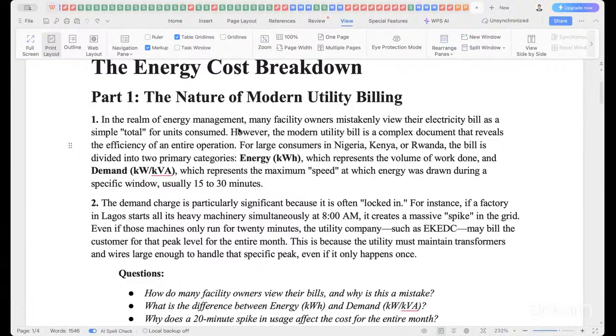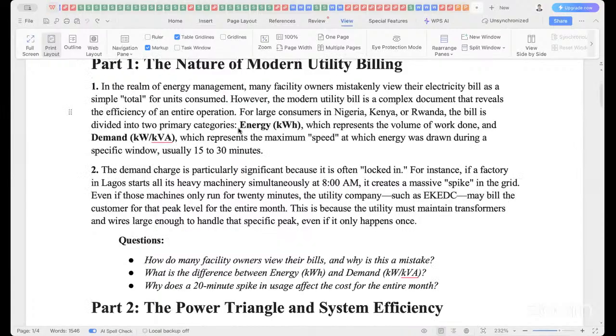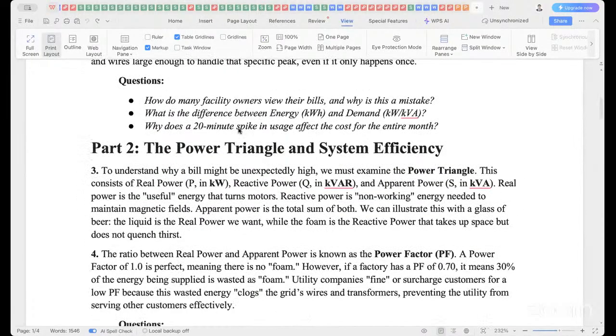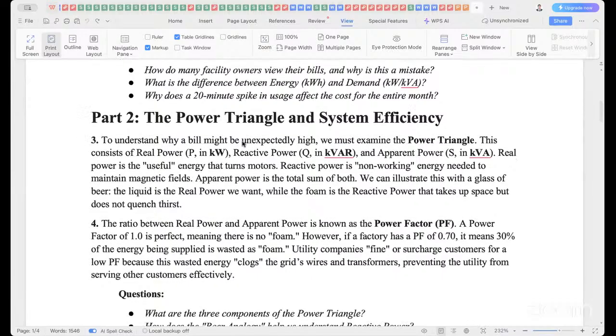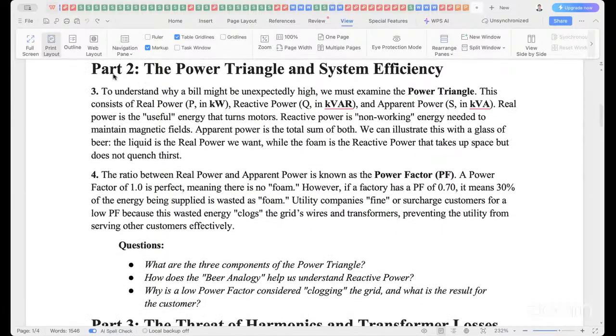So let's move to the next part, which is what someone was commenting on the last time, the power triangle and system efficiency. Let's have someone read this paragraph, the 3 and 4 for us. Can we have someone from the audience?